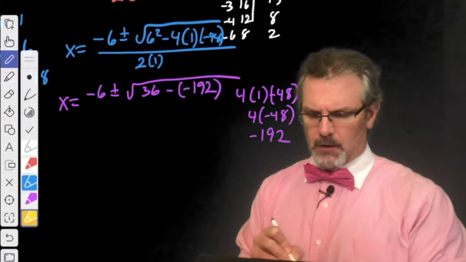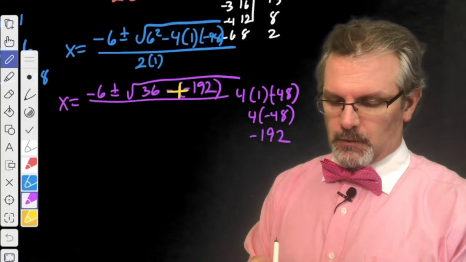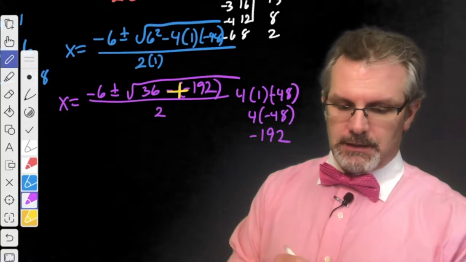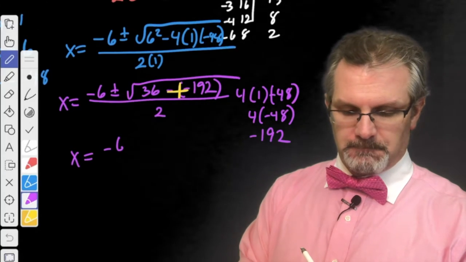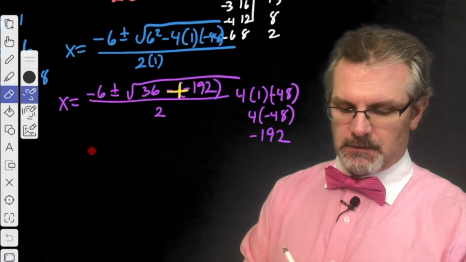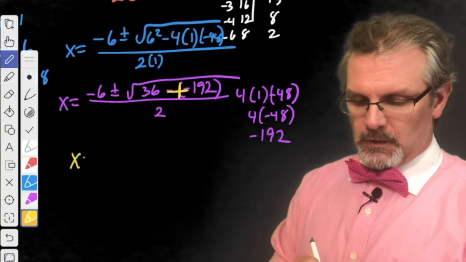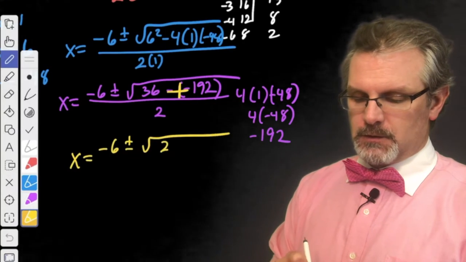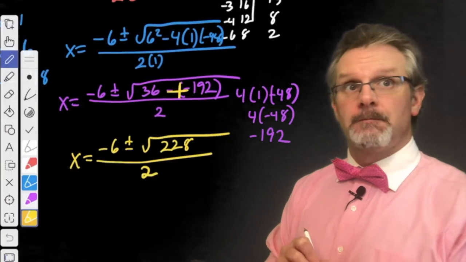Glad I went back and caught that, because now we make that plus right there. All over 2. 36 plus 192. x equals negative 6 plus or minus the square root of about 228 over 2.